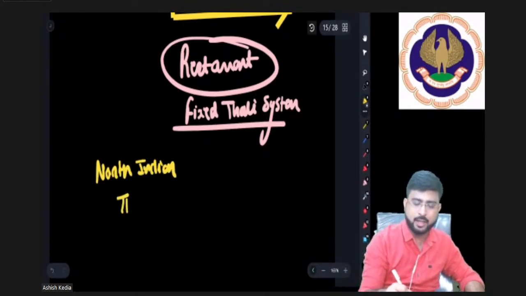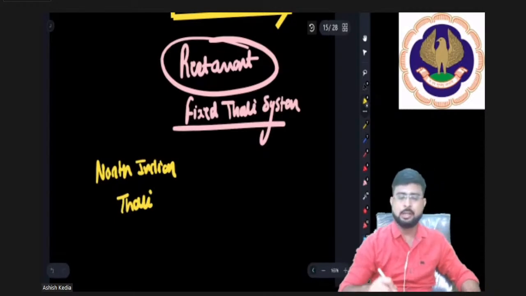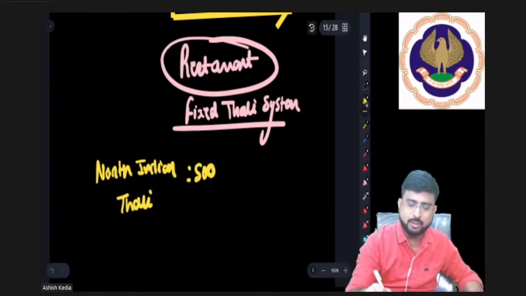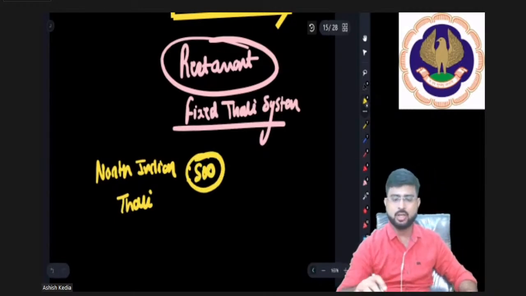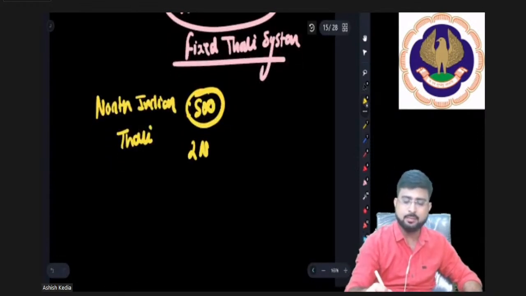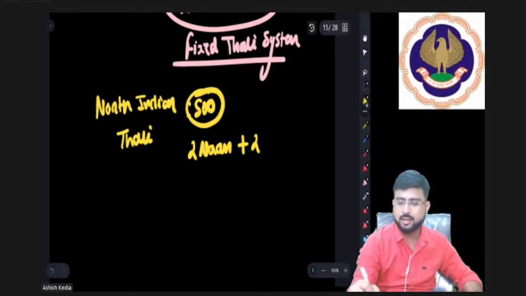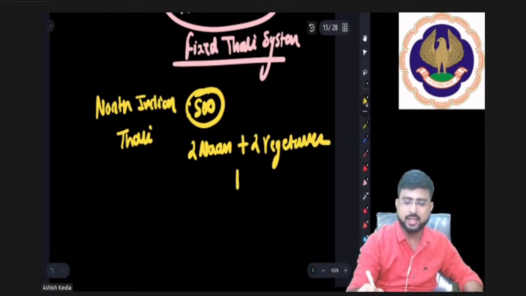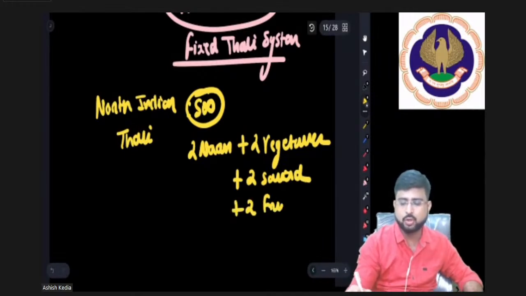In North Indian thali, I have been told I will be charged 500 rupees. What am I getting? I am getting 2 naan, 2 vegetables, any kind of vegetables, 2 varieties of salad, and 2 kinds of fruit juice.